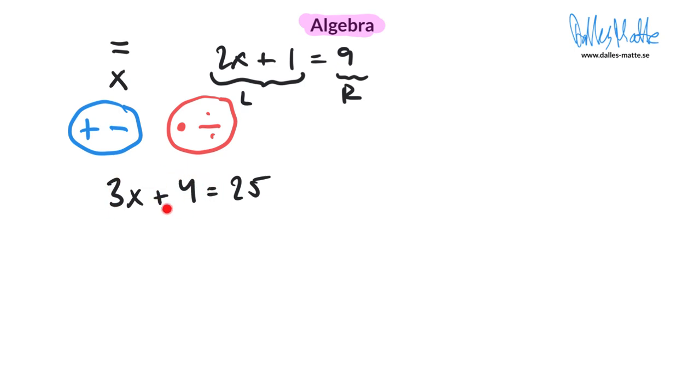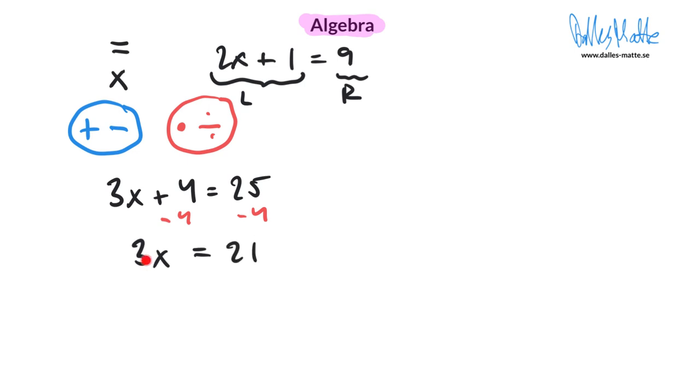So first I look at this plus 4, the opposite is minus. They are a married couple. So I write minus 4 underneath, and then I need to do exactly the same on the right side of the equal sign. So I write minus 4 on the right side also. Then I write 3x equal to 21.